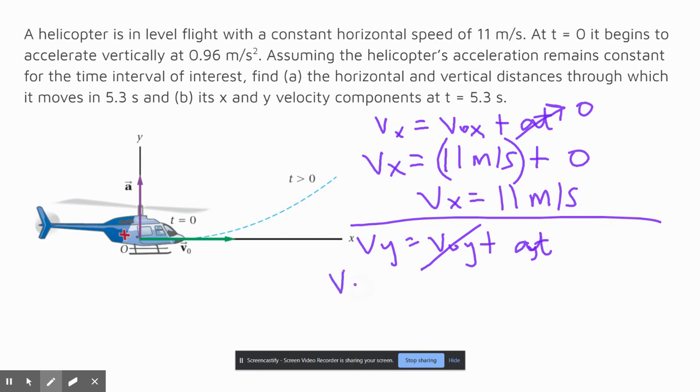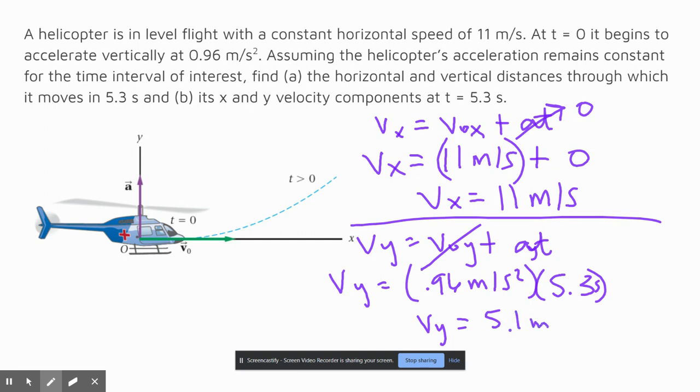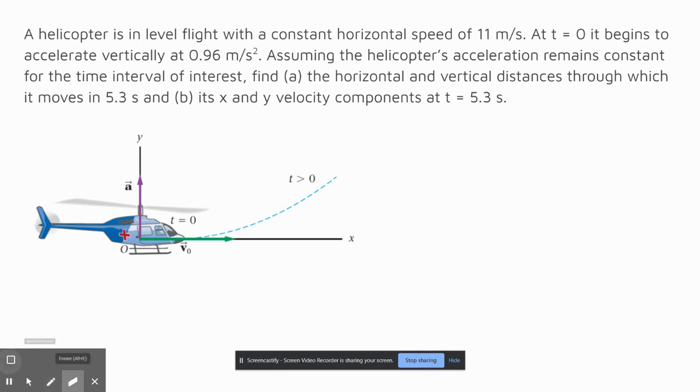And we'll find that Vy is equal to 0.96 meters per second squared at time 5.3 seconds. So Vy is just going to equal 5.1 meters per second. Okay, so that was one of the simpler problems we'll be doing in this unit.